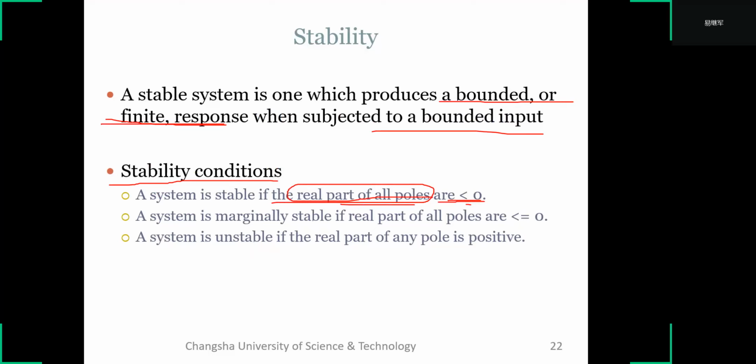A system is marginally stable if the real part of all poles is less than or equal to zero. A system is unstable if the real part of any pole is positive.